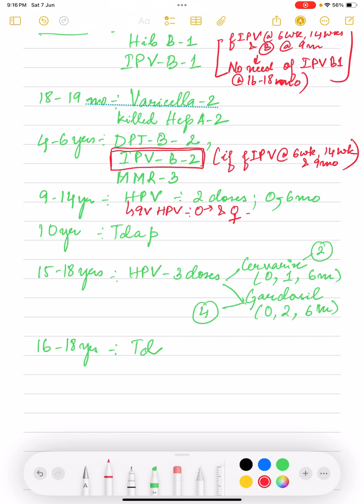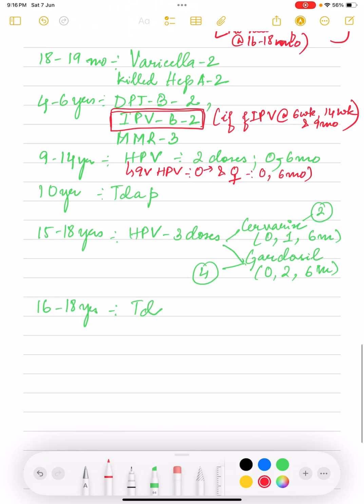The dose is the same, 0 and 6 months. Beyond 14 years, the nonavalent is not yet approved. For boys who are 15 years or older, they cannot take the nonavalent vaccine as of now. So this 9-valent vaccine can be given even to boys between 9 to 14 years.